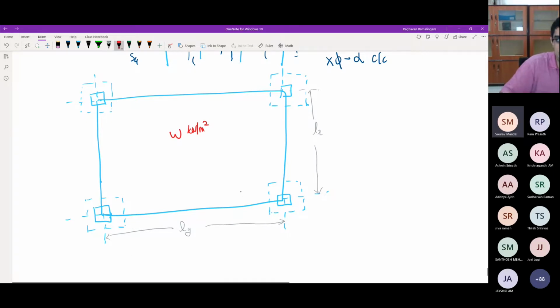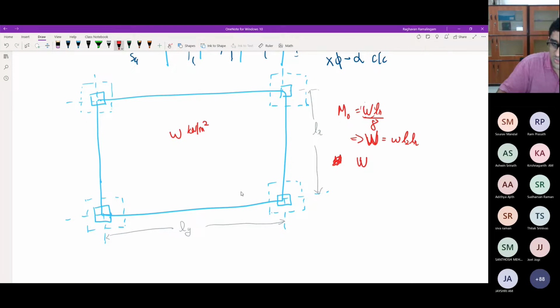Typically, to find the moment, M0 is W Ln. Here capital W equals small w times the area, L2 times Ln, as mentioned there. This I have to take differently for the x direction and the y direction.